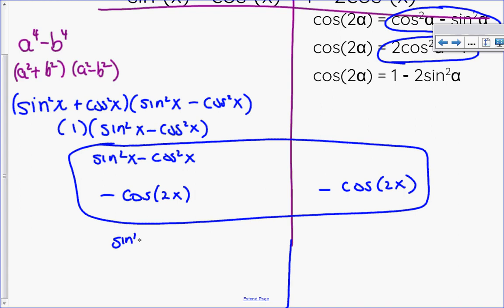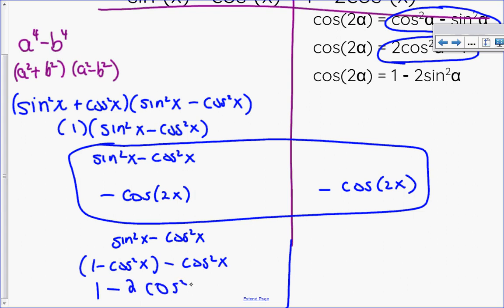So if I had sine squared x minus cos squared x, I know that because cos squared plus sine squared equals 1, sine squared is the same as 1 minus cos squared x. So a rearrangement of Pythagorean identity number 1. And then looking at that, I have 1 minus cos squared minus cos squared, which is 1 minus 2 cos squared x.